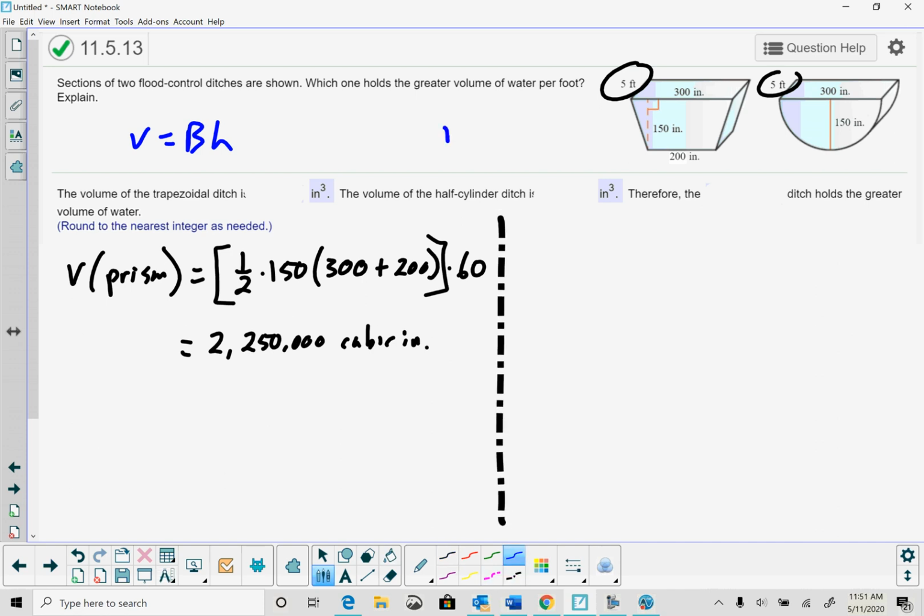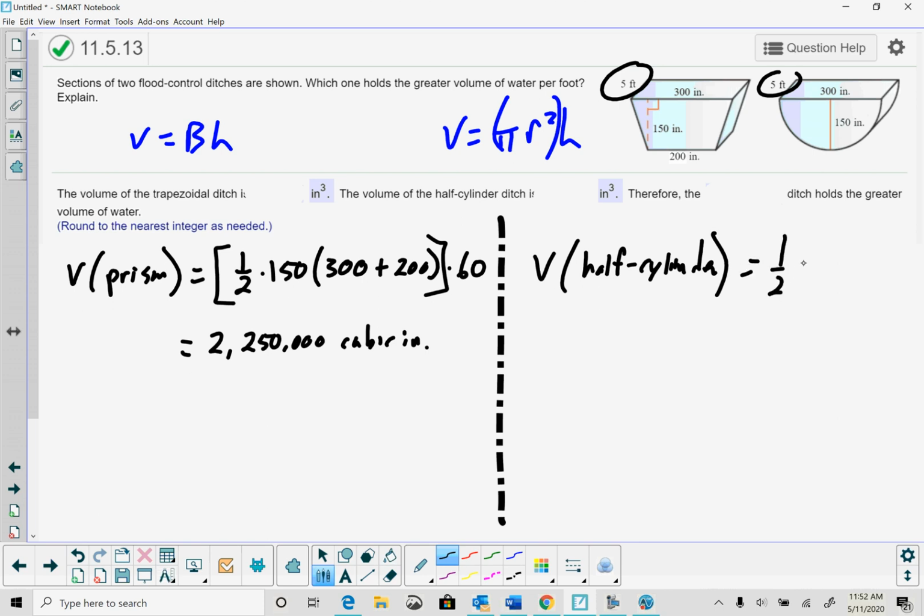Now, for the volume of a cylinder, we've got the slightly more specific pi r squared h. Again, pi r squared, the base of a cylinder is a circle. Area of a circle, pi r squared. But in this case, for our ditch, it's a half cylinder. So I just need a nice little fraction out front.